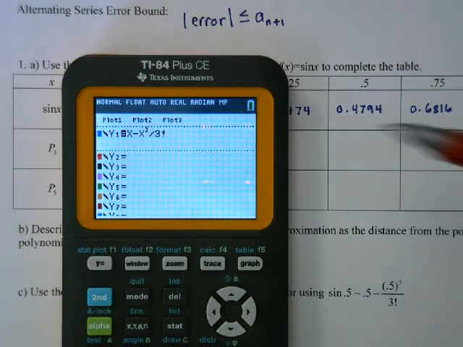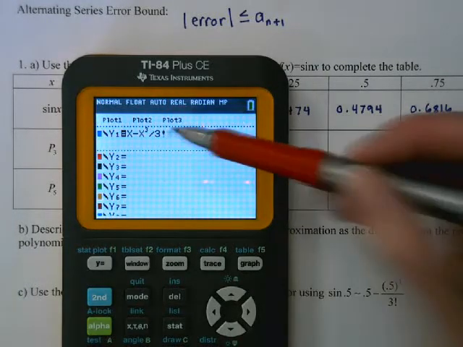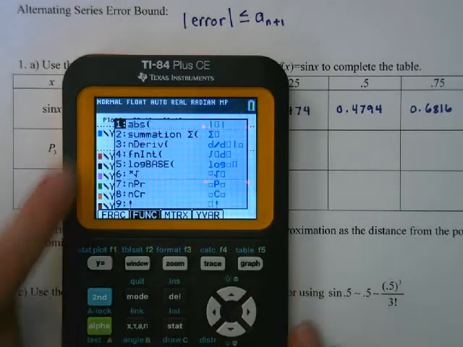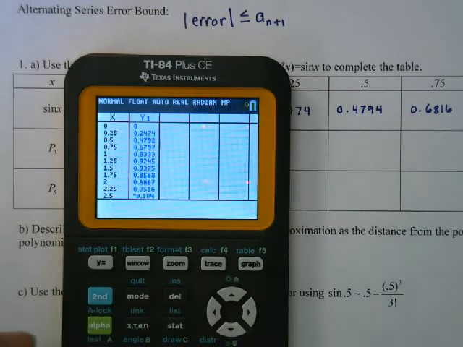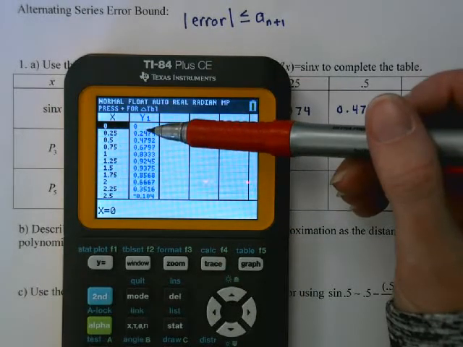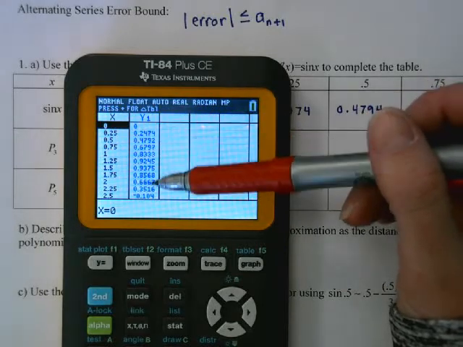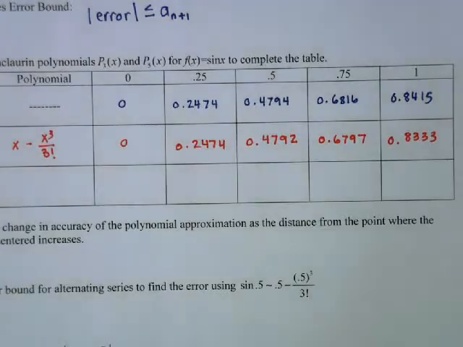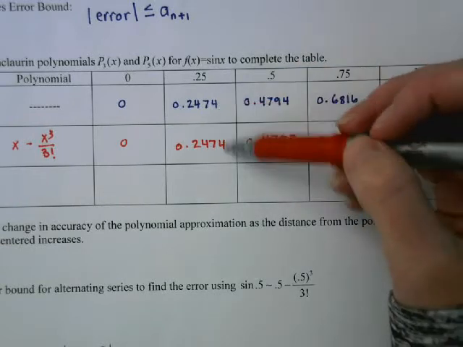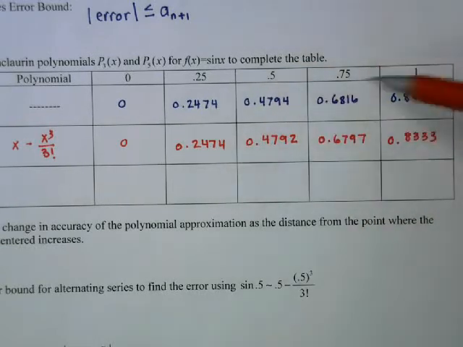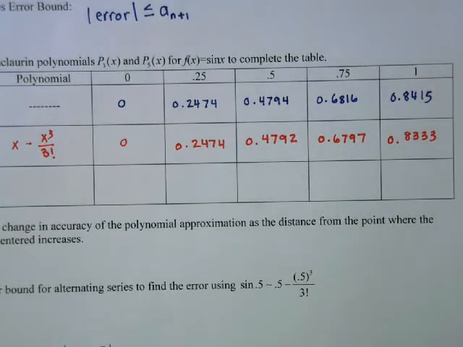I'm going to plug it into my y equals, and the factorial you can find under the F2 function menu. I'm going to go back to the table, and these are the values of our third degree polynomial. What you should see is they're actually pretty darn close to the actual values. Those are the same. That's a little bit off, this is a little bit more off, but they're still pretty good.